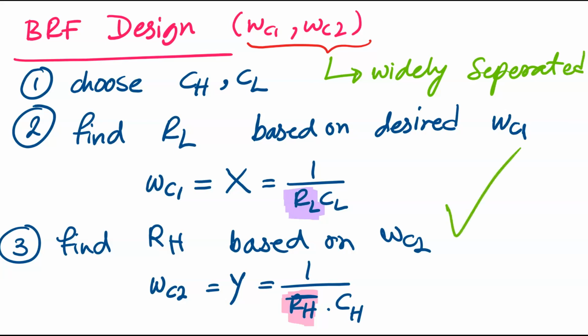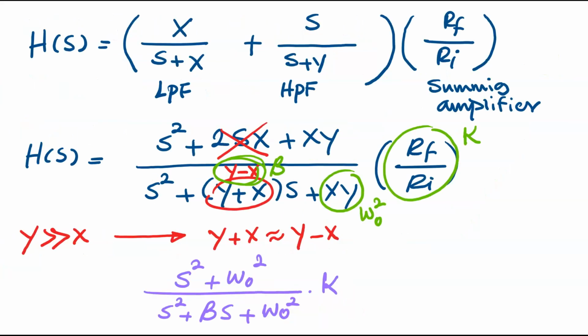Otherwise, you have to use the original transfer function without applying the red simplification. Then you cannot remove this one because your frequencies are not widely separated, and you cannot replace y plus x by y minus x. So you have to say this is my omega naught squared, this is my beta, and you have to solve the equation.